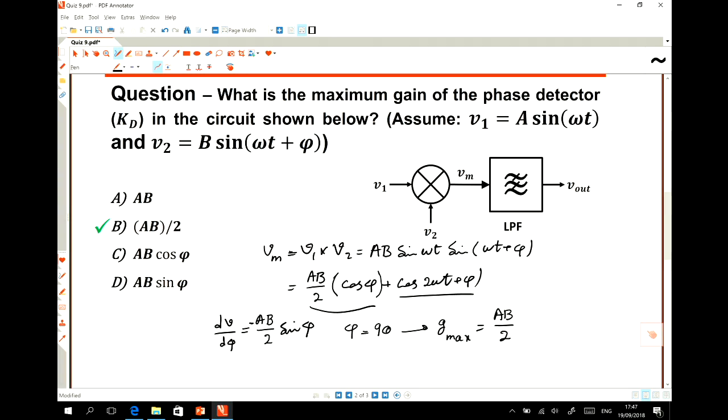So the gain is because the input is phase, and the output, we have to find the output based on the phase. So it's dV divided by d phi. Okay? All right.